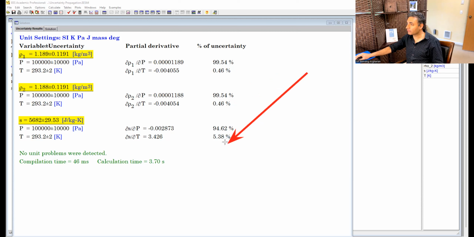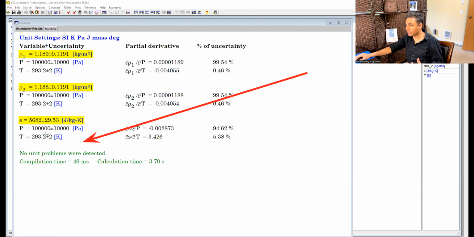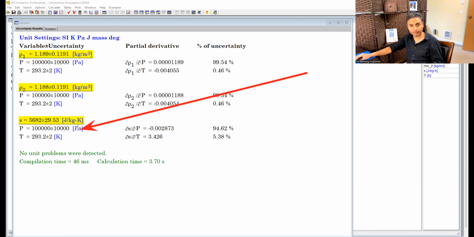Now, the interesting thing here is for entropy, however, you see temperature actually plays a bigger role compared to density. 5.38% of the uncertainty of this entropy comes from the temperature, and 94.62% of it comes from pressure.